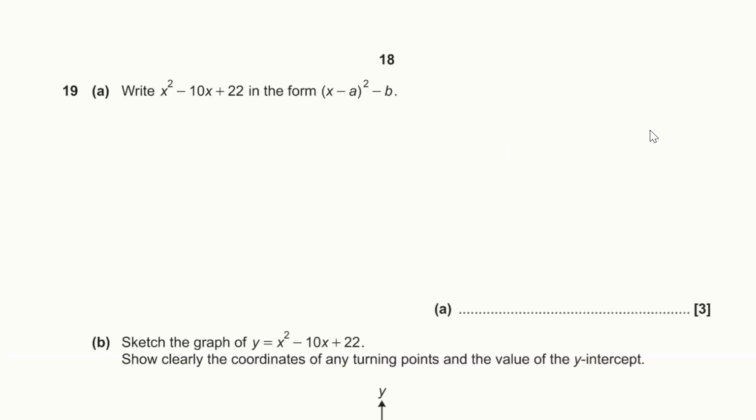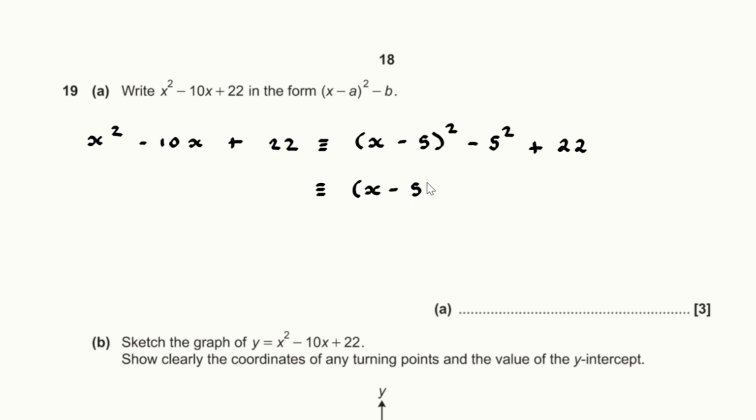Question number 19, for part A, we have to write x squared minus 10x plus 22 in the form x minus a all squared minus b. Well, here we need to complete the square. So we've got x minus 5 all squared minus the square of 5 plus 22.